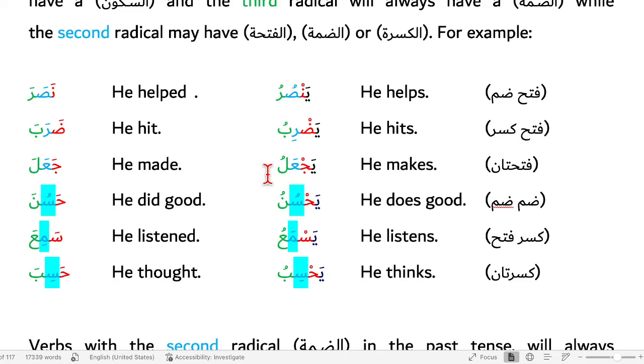So jala yaj'alu both have fatha, so it's called fatha fatha, two fathas. Hasuna yakhsunu, both have dhamma, so this case is called dhamma dhamma. Samiya yasmau, this has kasra, this has fatha, so it's called kasra fatha. This is the combination. And hasiba yakhsibu, both have kasra, is called kasra kasra.